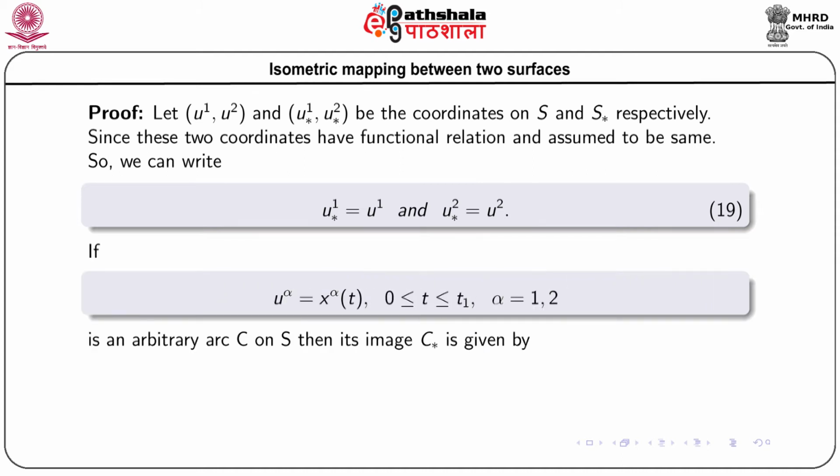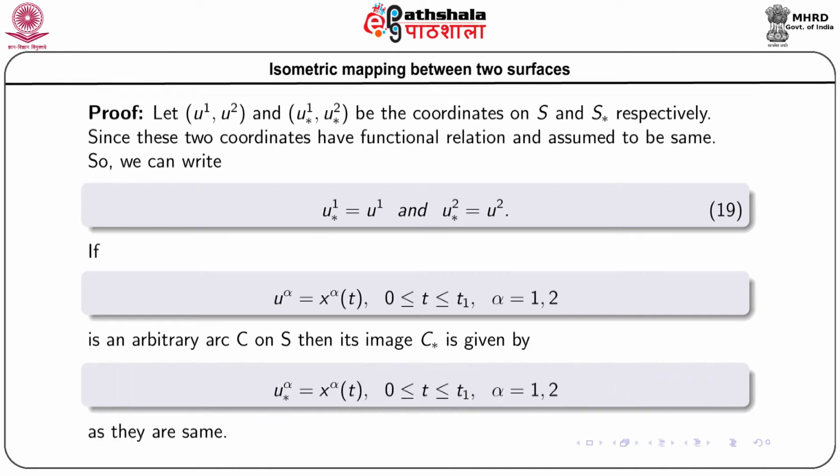So, if u alpha is written as x alpha of t, an arbitrary arc C on S, then its image C star is given by u star alpha equals x alpha of t, where 0 is less than or equal to t, less than or equal to t1, and alpha runs from 1 to 2.